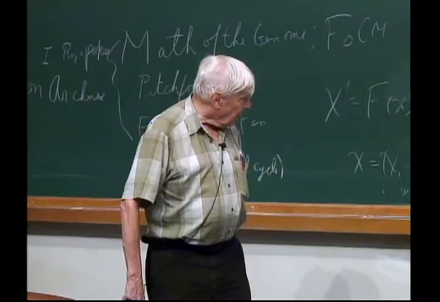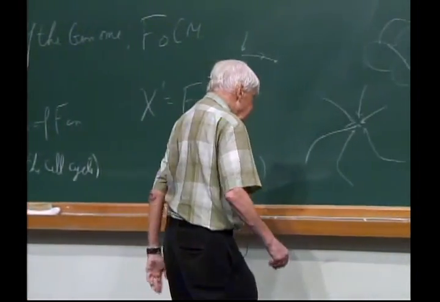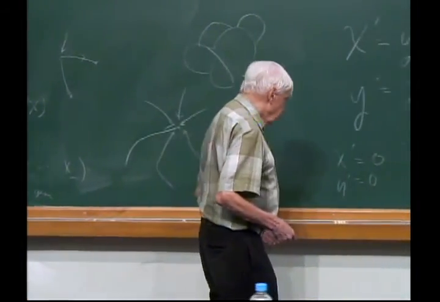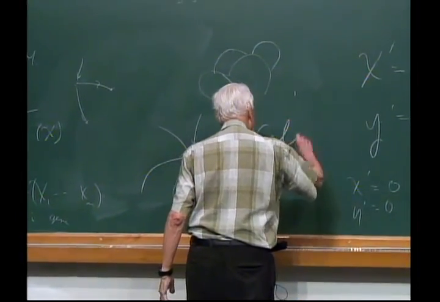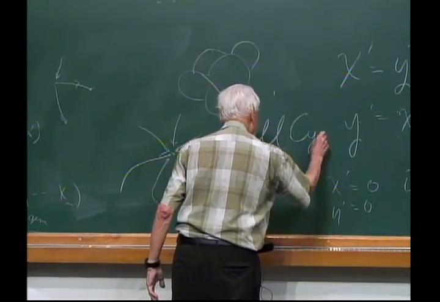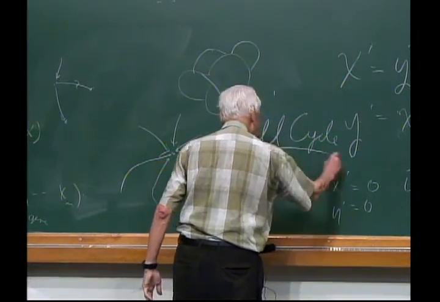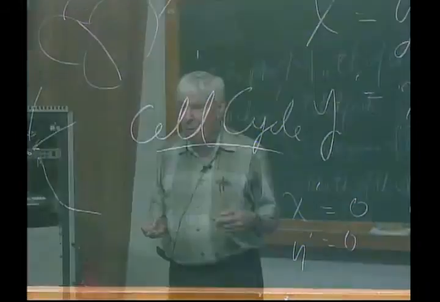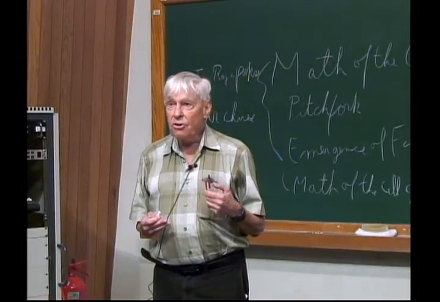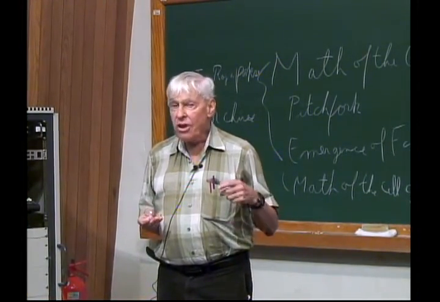Okay, well, in the last minute or two, let me just mention a motivation for all this, and this is the cell cycle. So we want to understand the cell cycle. It's a cycle when you have a cell dividing into two cells. And when a cell divides into two cells, there are two normal things that happen.